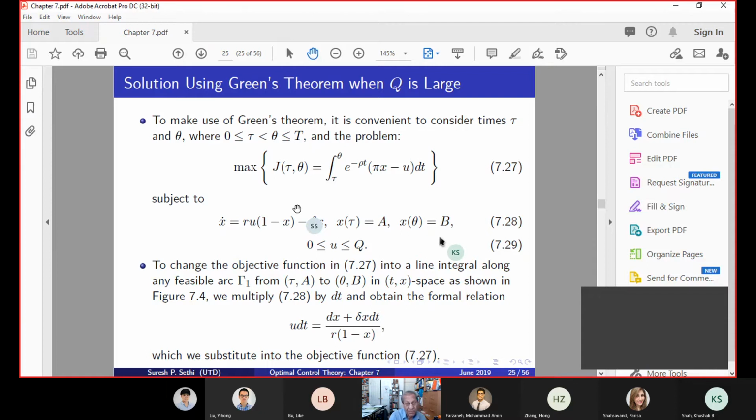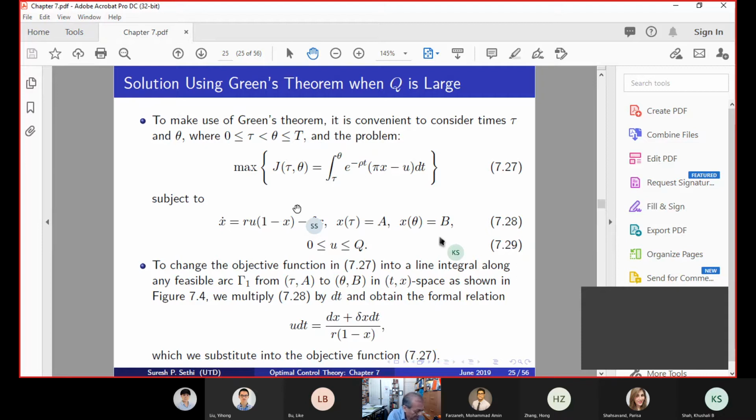And then there were some empirical studies showing that the Sethi model was at least as good or better than the Vidale-Wolfe model in explaining some data. The person who wrote that paper was a former student at UT Dallas, a former student of Frank Bass. He subsequently became the dean of Kellogg Business School at Northwestern.